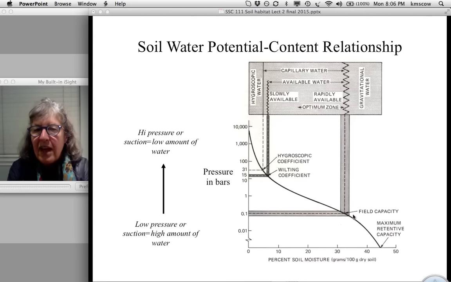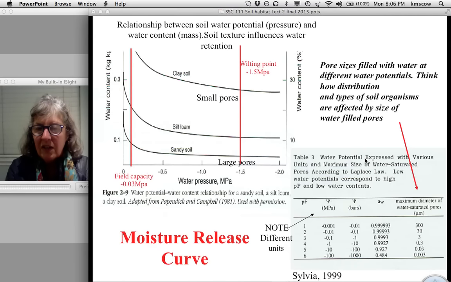And how this curve looks is going to be a function of that texture that we talked about at the very beginning of the lecture, and also the organic matter content. And by the way, here are some of those terms that we talked about before, but this time mapped on this soil moisture release curve. Okay, so here's this relationship with soil water potential.